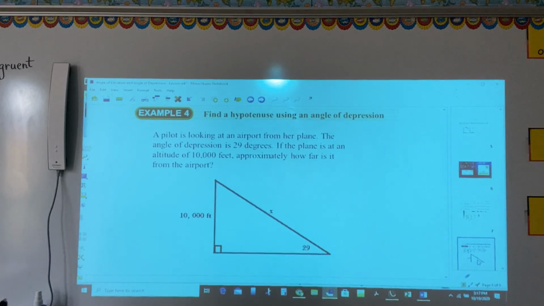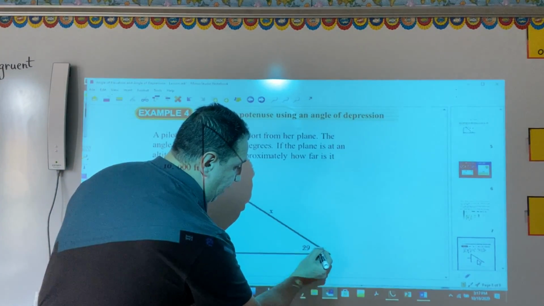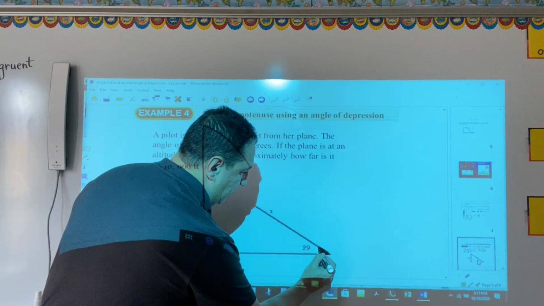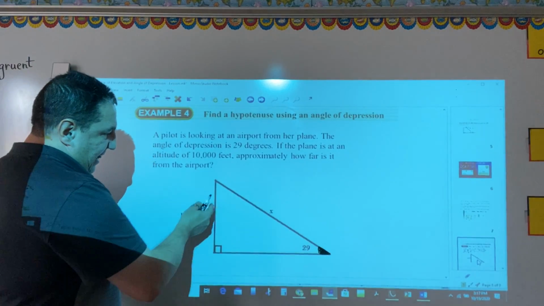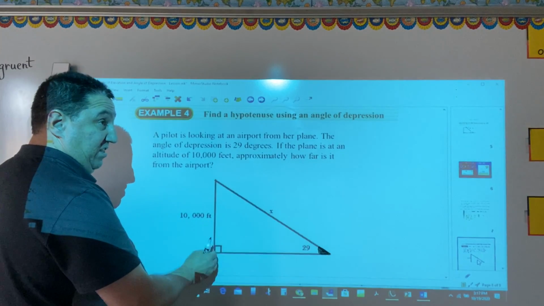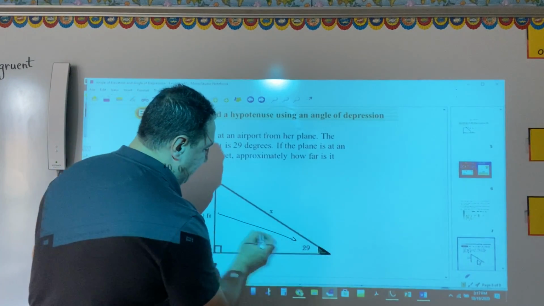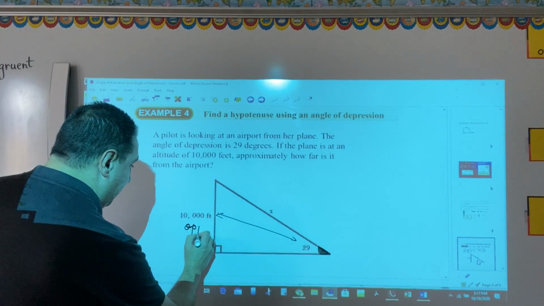Good. Now, what is given? The angle is given, right? So let's mark the angle. Now, this side, that is 10,000 feet, is the altitude, a side that is opposite to angle 29. So we write opposite.